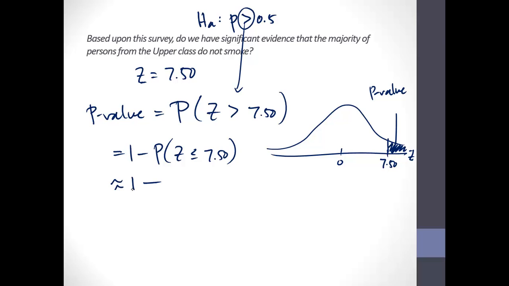So this is approximately equal to, since 7.50 is way off there to the right, the probability of being less than that is almost the entire area. So it's pretty much 1 is the area to the left of that 7.5. So my p-value is now approximately 0.